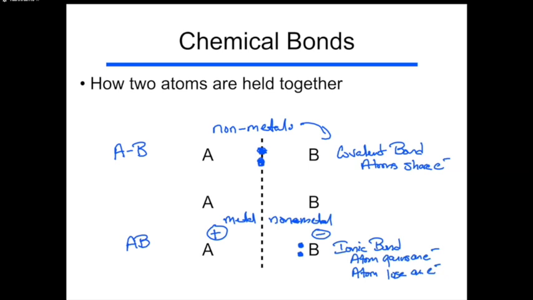Now, these are the 2 extremes. Most of the time, or a lot of the time, when we have reactions, one is stronger than the other, but not enough to completely take it away from the other. And so a lot of times we describe the 2 extremes, the 2 kinds of bonding, but many times bonding is somewhere in between.